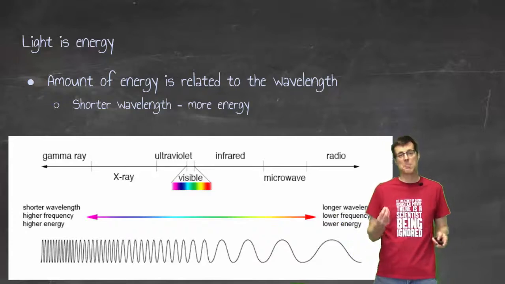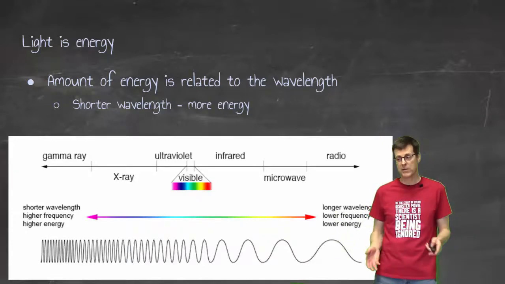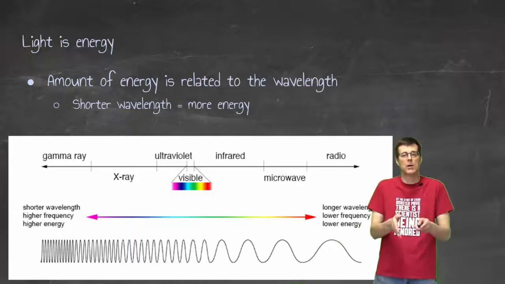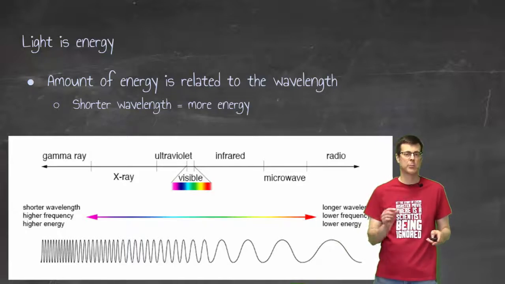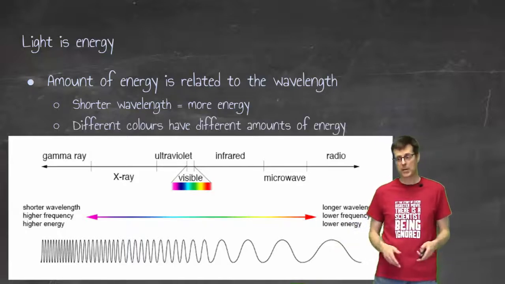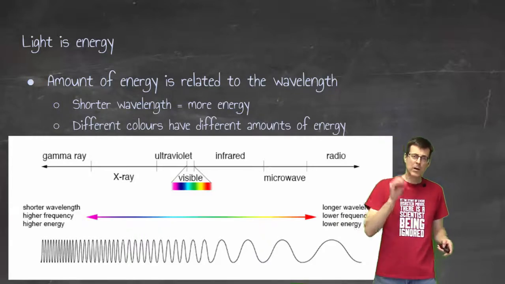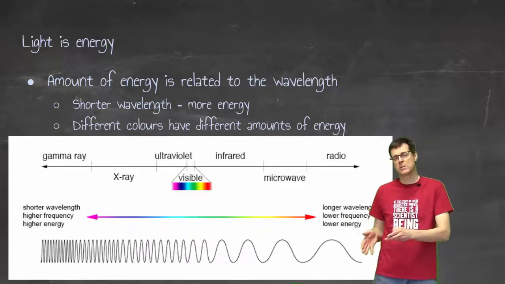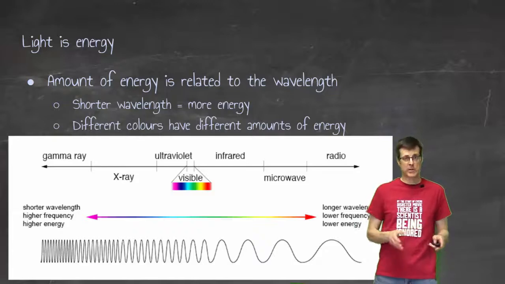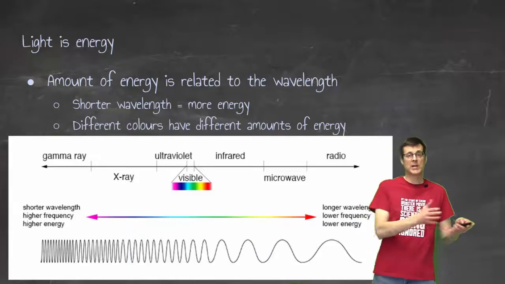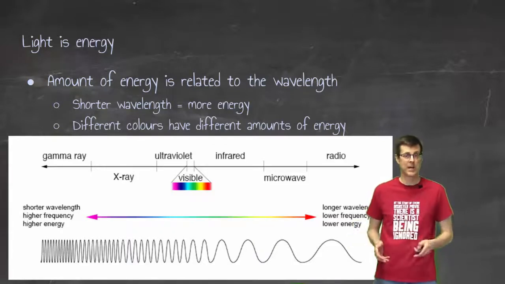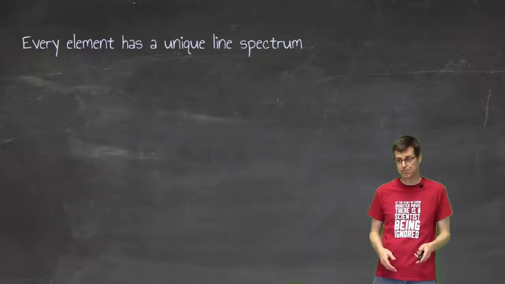It's just different amounts of energy based on the wavelength. And you'll see that visible light is also in there in a very, very narrow band of electromagnetic radiation. That also means that the different colors of light are going to have different amounts of energy. And that means if I know the color, I can translate that into a certain amount of energy.